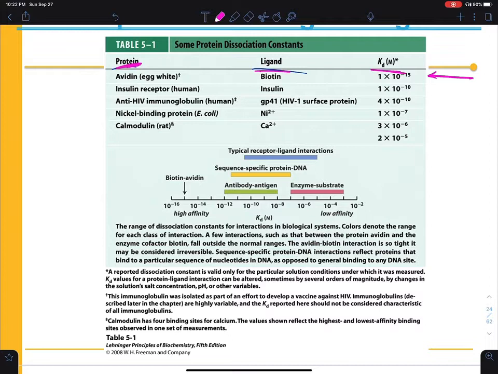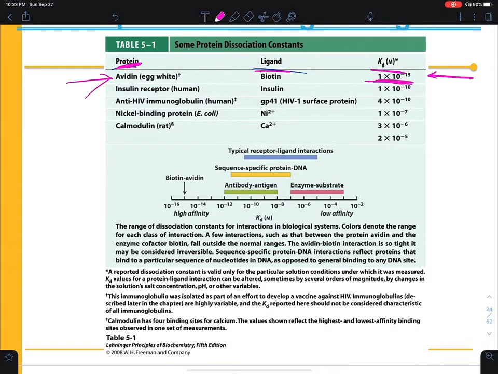And so the tightest one that we see is the biotin avidin relationship, and this is actually exploited in a lot of molecular biology techniques, looking at this tight relationship.